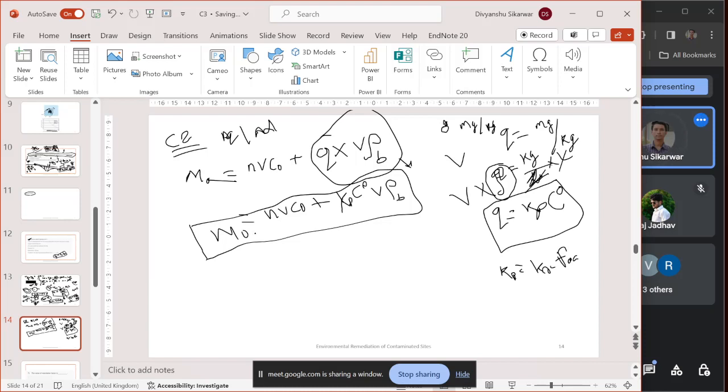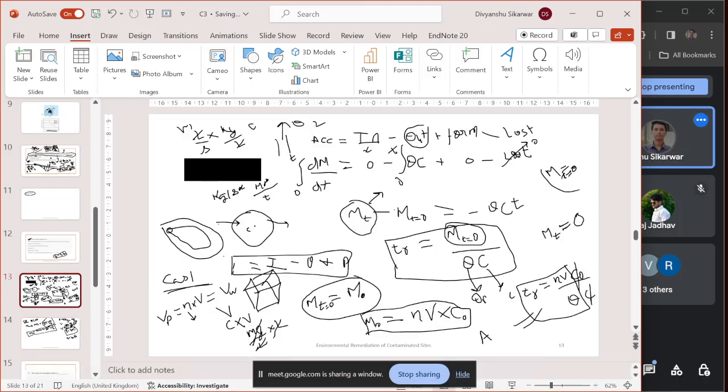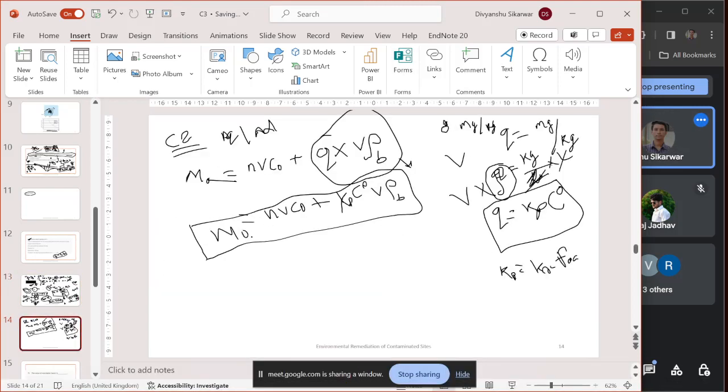Now normally in case one, when the contaminant is completely aqueous, there won't be any delay because as you remove the water, the contaminant will come out. But if the contaminant is adsorbed, in one iteration the complete contaminant won't come out, right?